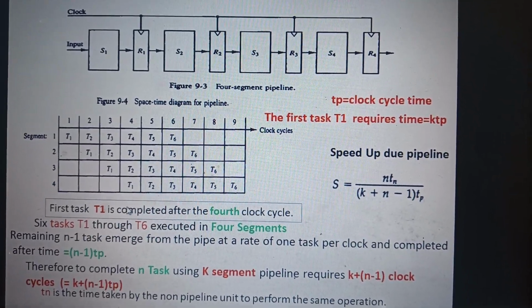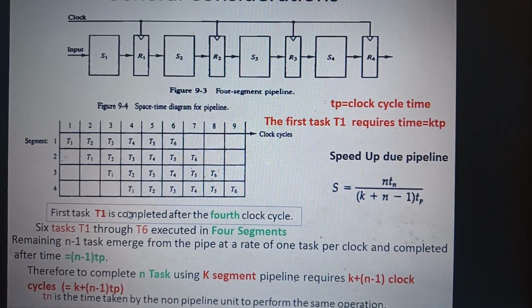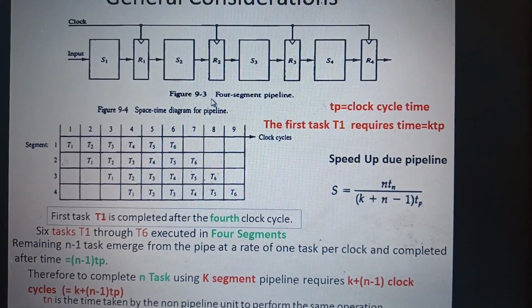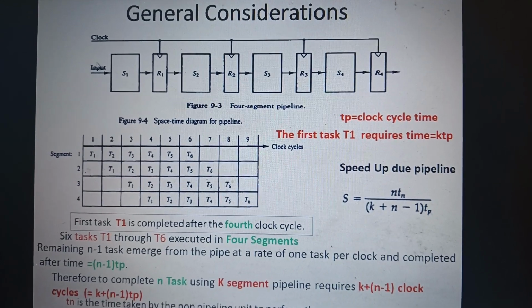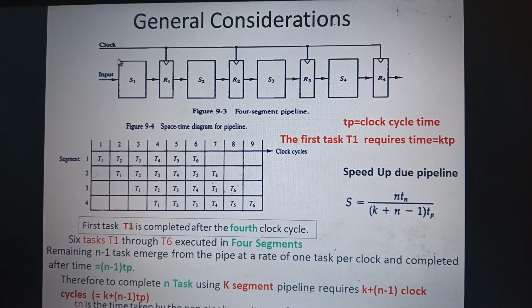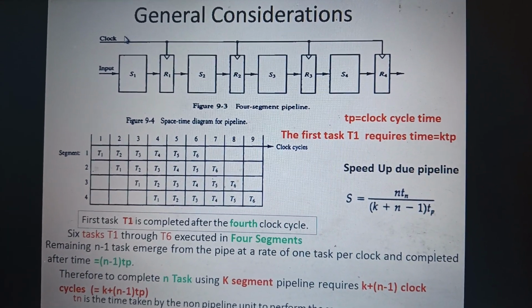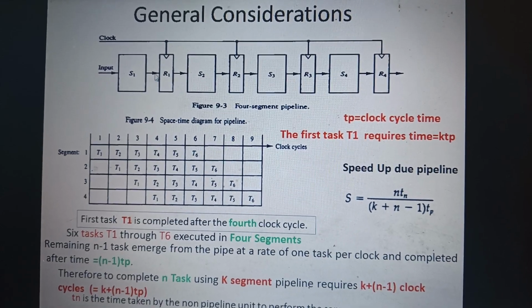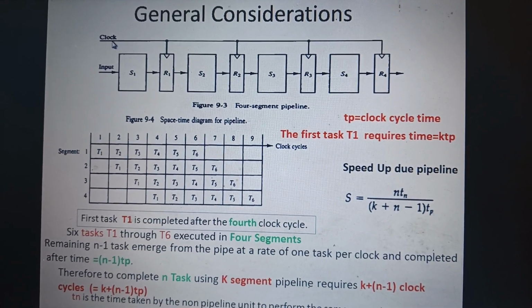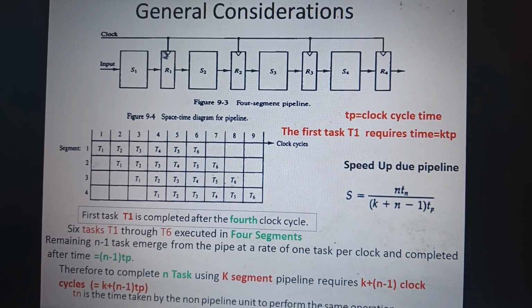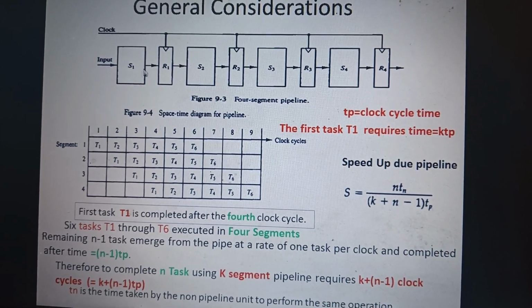Okay, so see here, we need to make one general rule for that. So we'll consider this TP is a clock cycle time, means how much time it takes to perform one sub operation, means we are assuming that now in between 2 clock pulses, one sub operation will be happening.